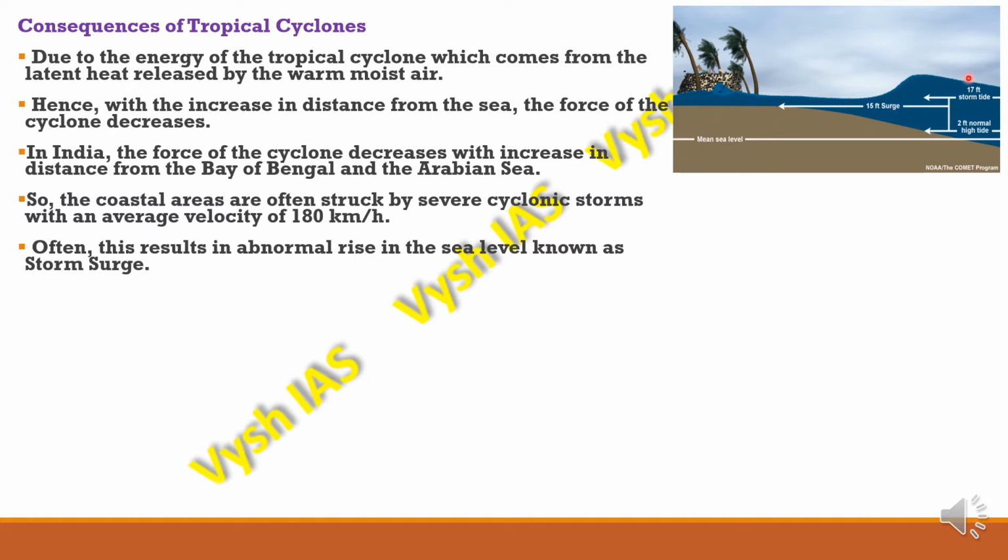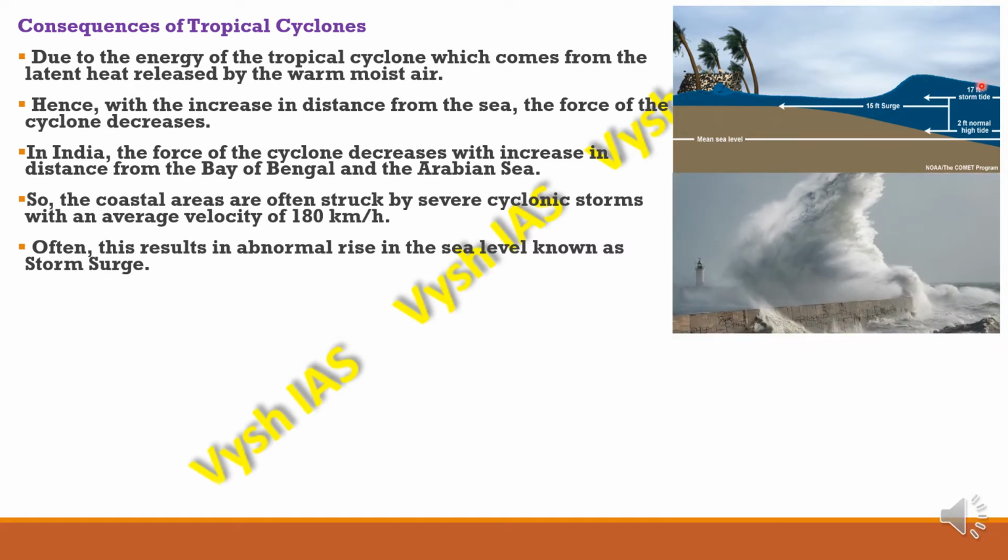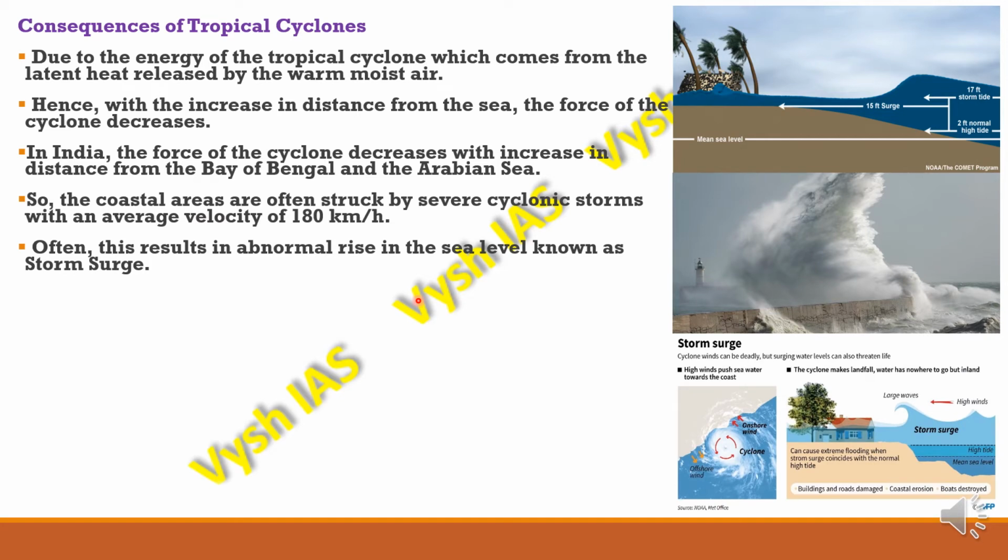This is mainly because of how close it is to the coast. The same wave, if it starts in the middle of the ocean or the sea, will soon become flattened and mix up with the surrounding water body. So this is how it will look when it hits the coast.